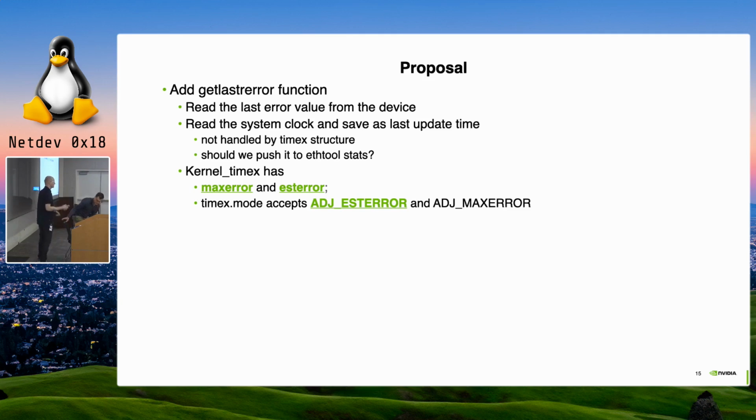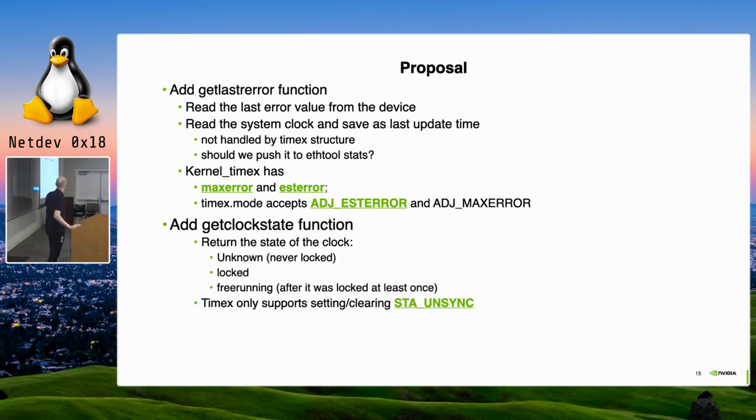Because we need the calls to the driver, so that the driver can actually fill in this information and not just statically cache it in the PTP device, because that will cause more problems, because then we will not be able to offload the synchronization.